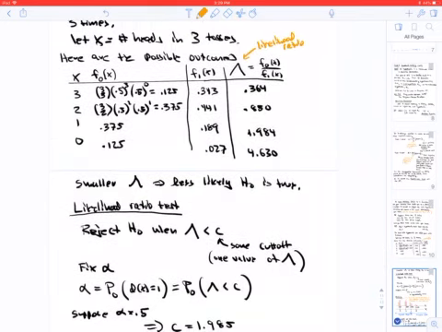And so the test statistic that I'm going to look at is going to be the likelihood ratio. So the ratio of the chance that I get a certain number of heads, given that I have a fair coin, divided by that I have a loaded coin.